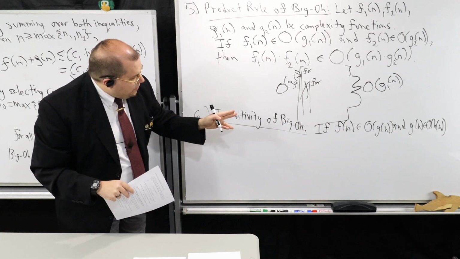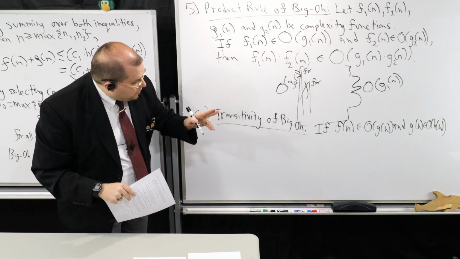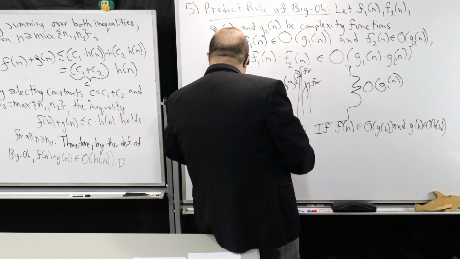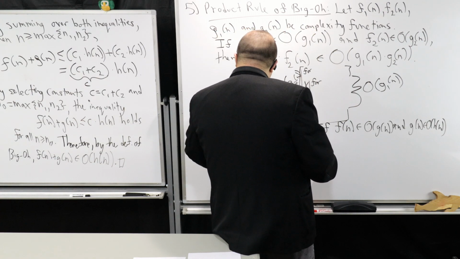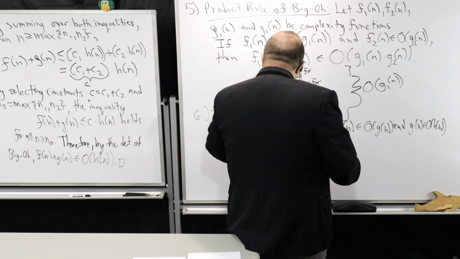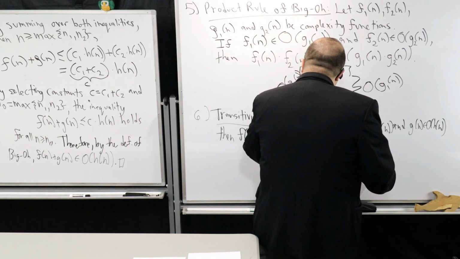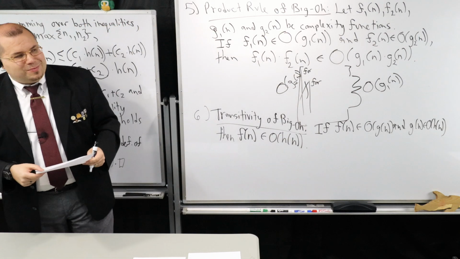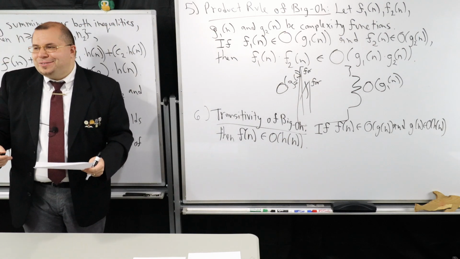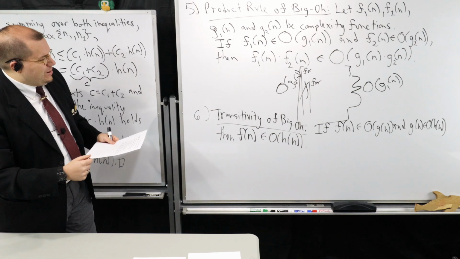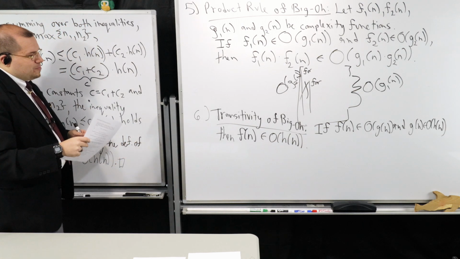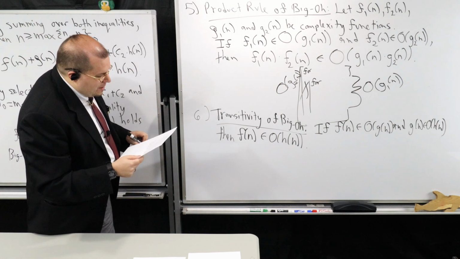Oh good, it's on the board. Then you can conclude that F is big O of H. So I left the proof for you to think about. It's very related to your assignment, so that's why I'm not giving you the proof. I'll let you think about that one.